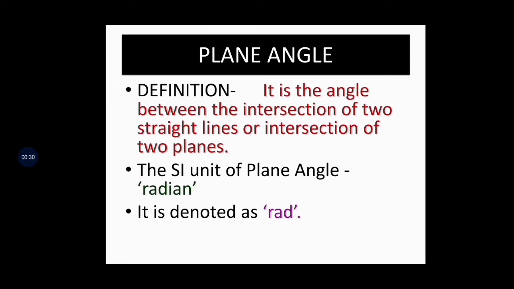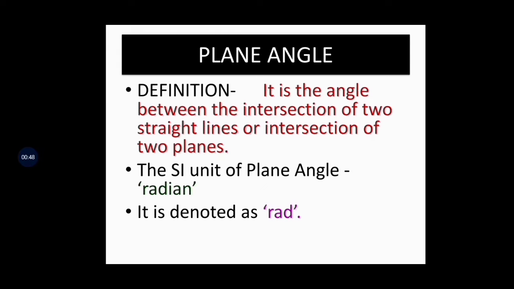I repeat, it is the angle between the intersection of 2 straight lines or intersection of 2 planes. The SI unit of plane angle is radian and it is denoted as rad.